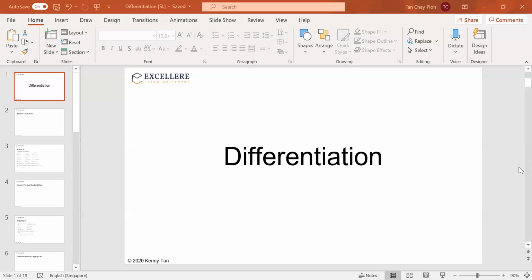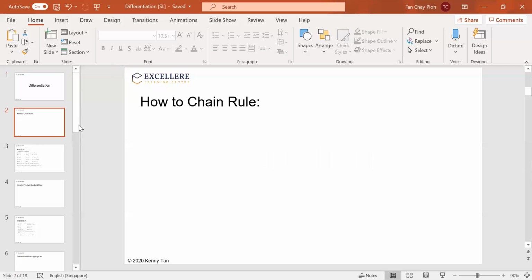So differentiation, yeah? How do we differentiate? There are three ways. The chain rule.